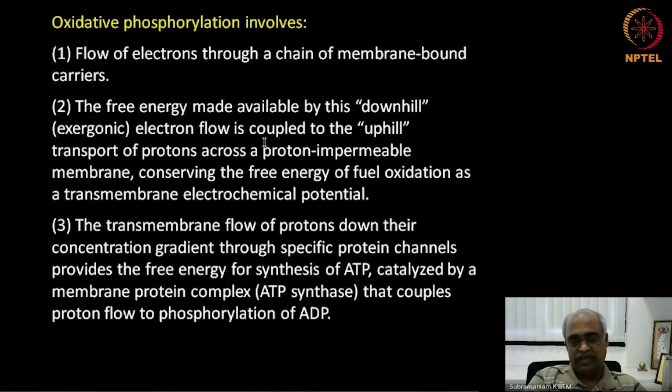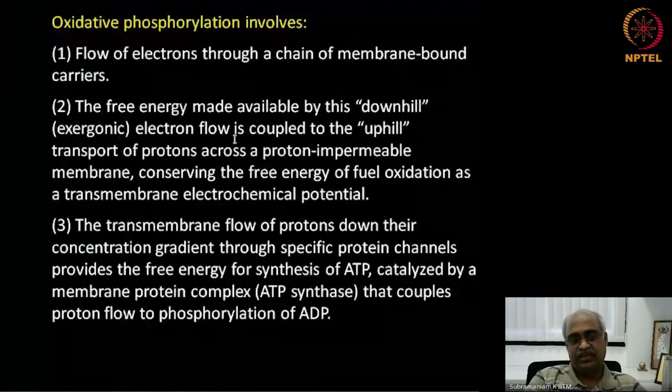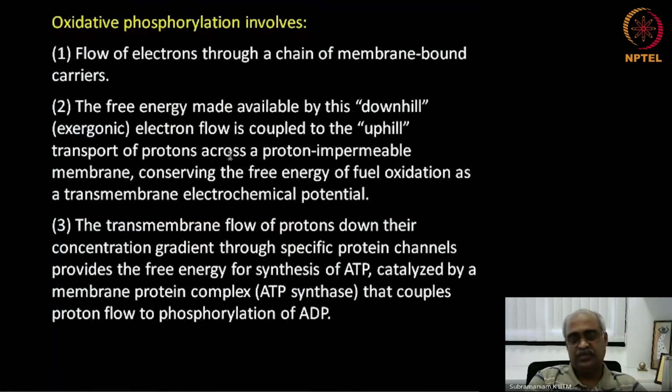So when electron carrier to another electron carrier is a downhill flow, but it is in steps, and at each step the energy available is sufficient enough to drive a certain number of protons across the membrane. So there are 3 steps at which protons are pumped across the inner membrane of mitochondria.